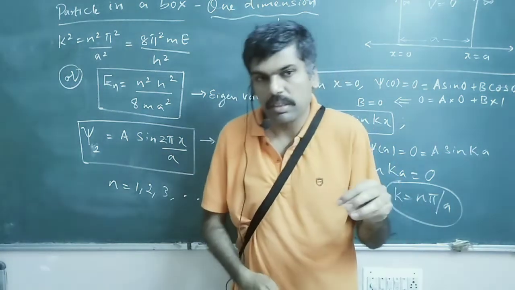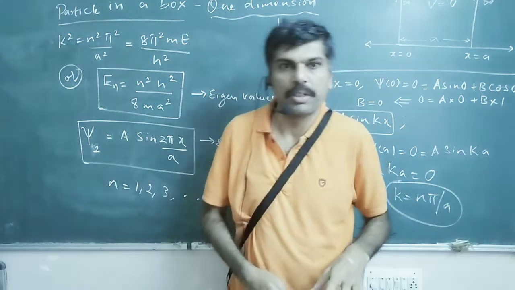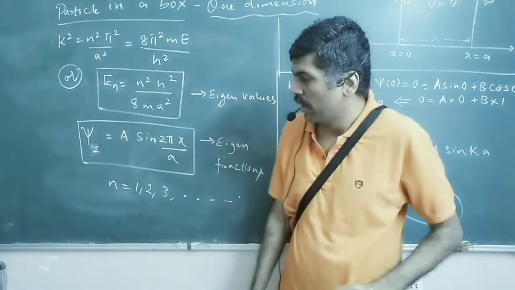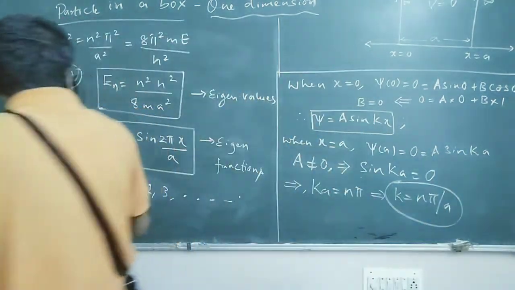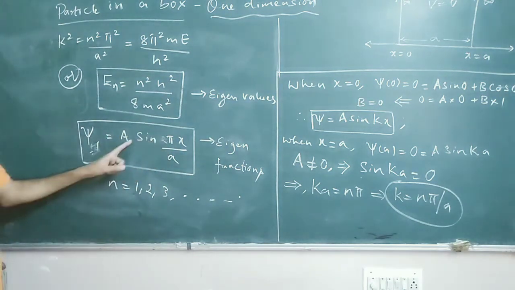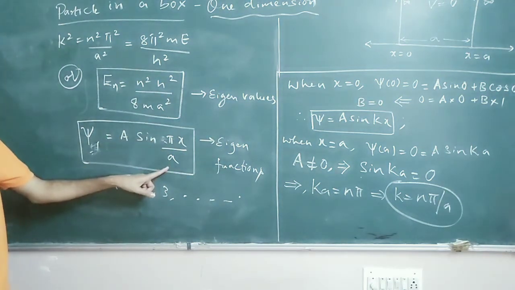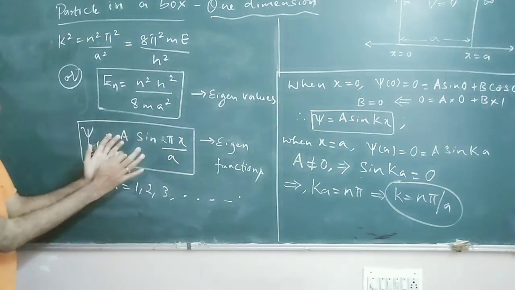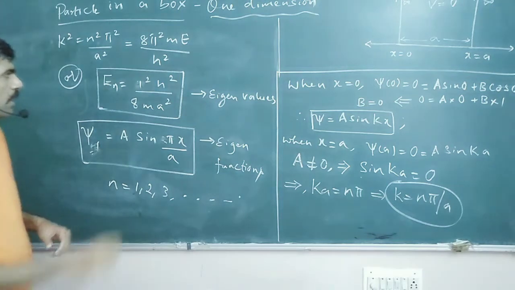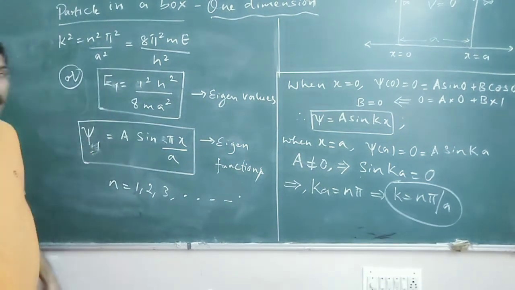For each wave function, there will be a corresponding value of energy as well. For n equal to 1, the wave function is a sin pi x by a, and when you picturize it, it will be one wave. But when you put the value of n as 1 here, then the energy value will be written as E1.